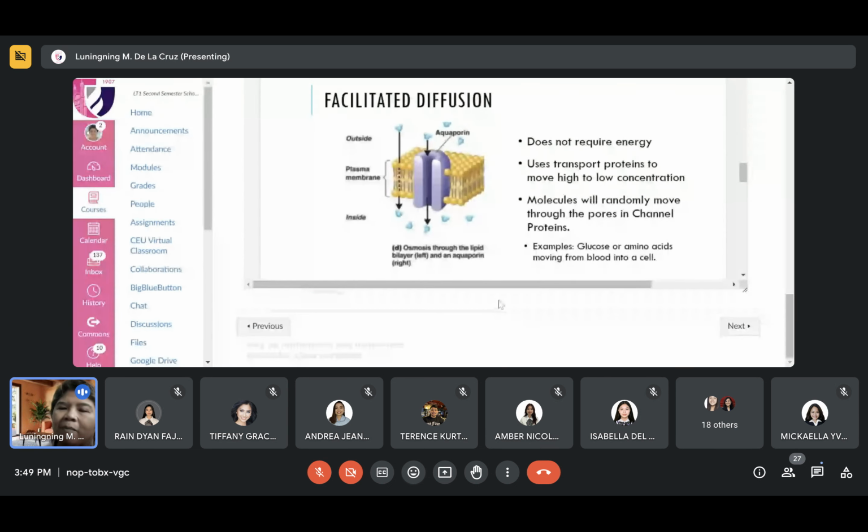What are the examples of materials that are moving to and fro our cells by facilitated diffusion? We have glucose and amino acid moving from blood into a cell. Remember that one? Glucose and amino acid may move from the blood into another cell through facilitated diffusion.